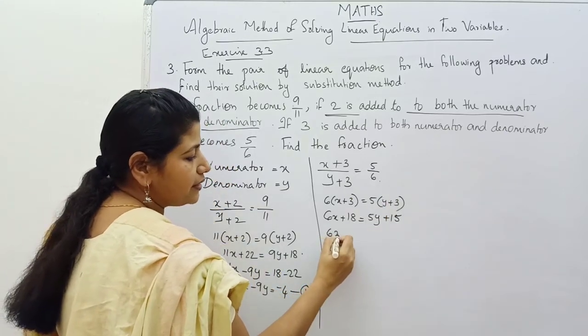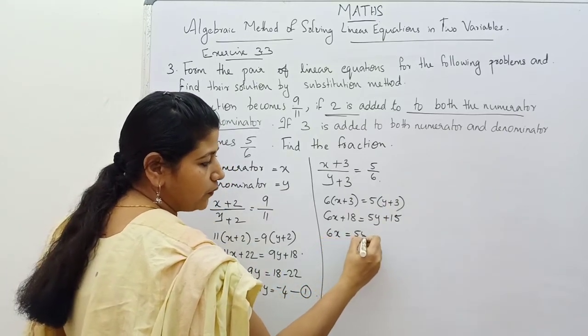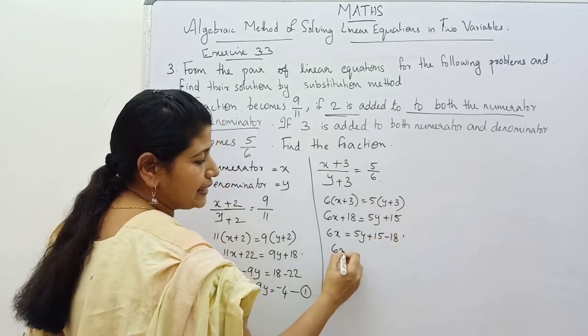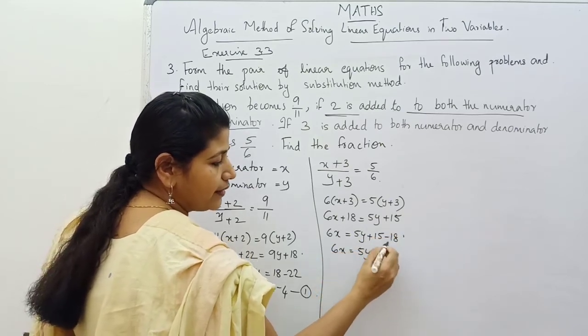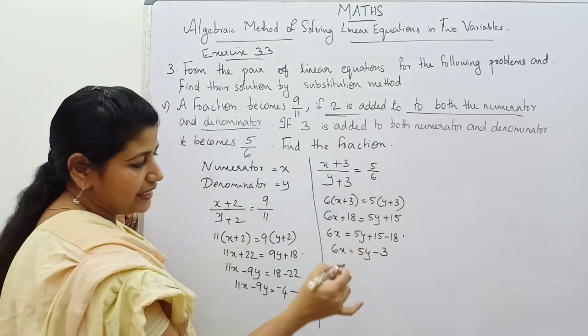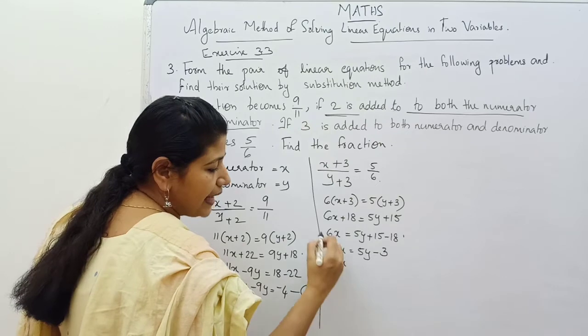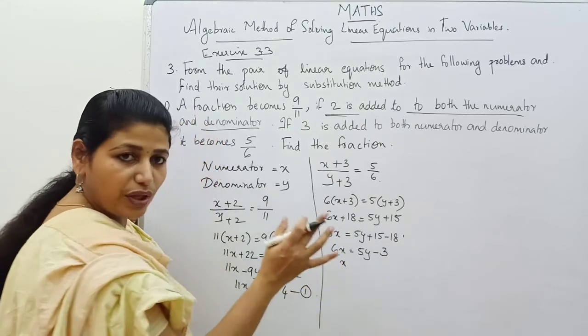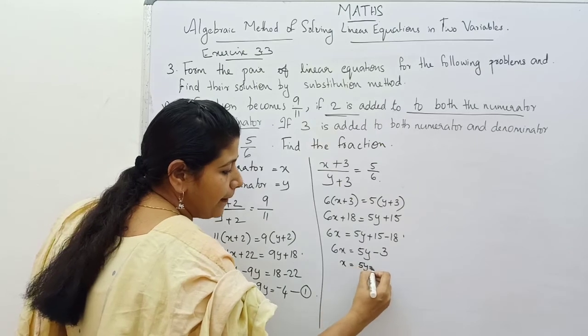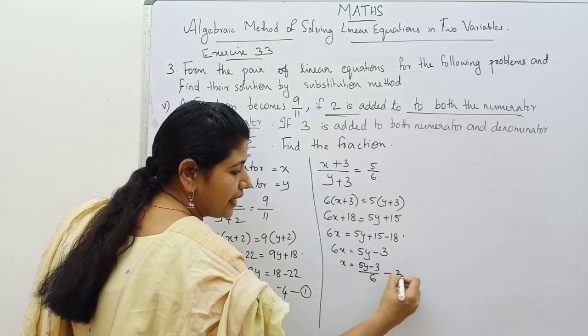Now we can take this 18 to that side, 5y plus 15 minus 18. So you will get 6x equal to 5y minus 3, since 18 minus 15 is 3 and the sign of the larger one is negative. And you have to take this 6 to that side, then only we can substitute the value of x in the first equation. x is equal to 5y minus 3 by 6. This is your second equation.